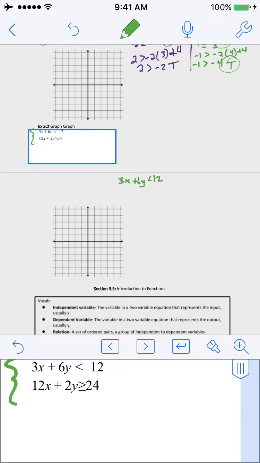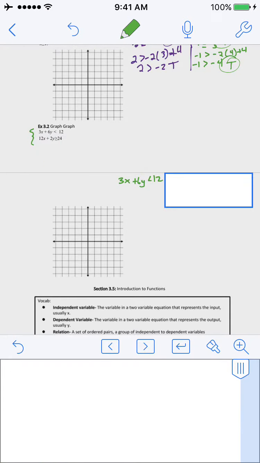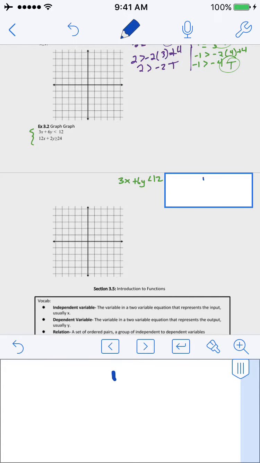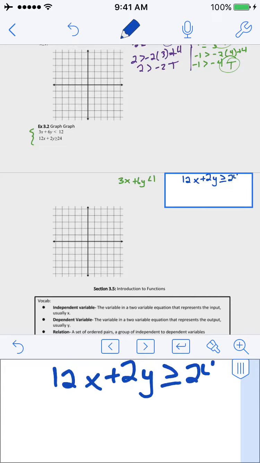And then we have 12x plus 2y is greater than or equal to 24. I encourage you to pause the video now and graph both of these yourself, right? So graph both of these and see where that true zone lies.